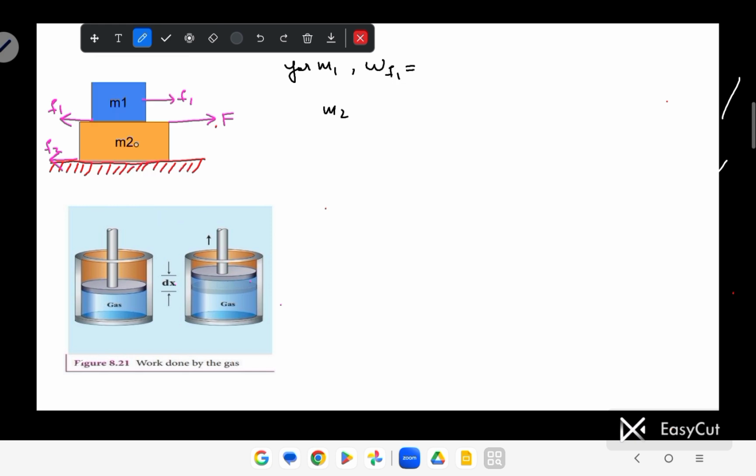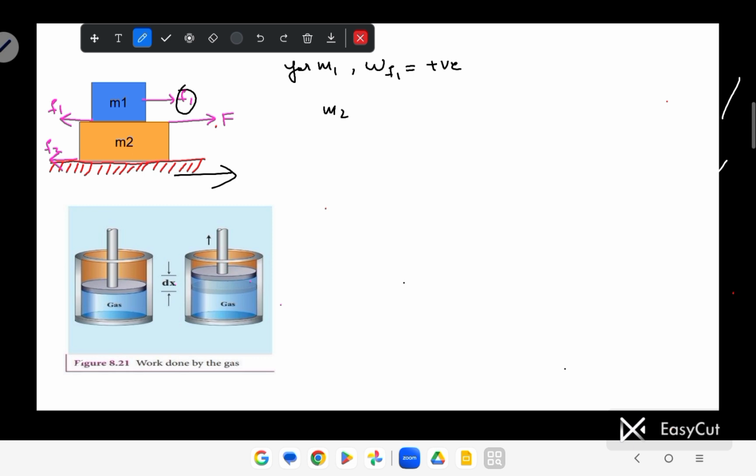Don't you think that both are moving together, because the applied force is on M2, but M1 is also moving along with M2. It means there is a frictional force in between M1 and M2 which is letting it move, and that friction is F1. So here you can see the applied frictional force is letting the body move in this very direction, and the displacement is also in this very direction only. So here the work done by the F1 will be taken as positive. Say yes or no, students. I hope you have got this.